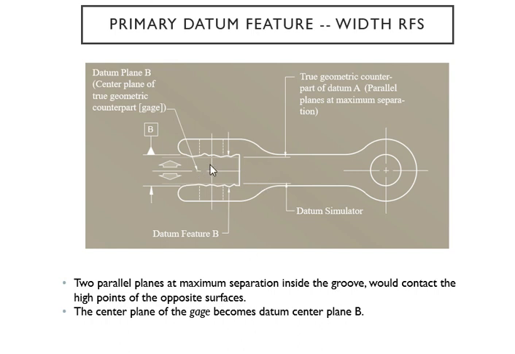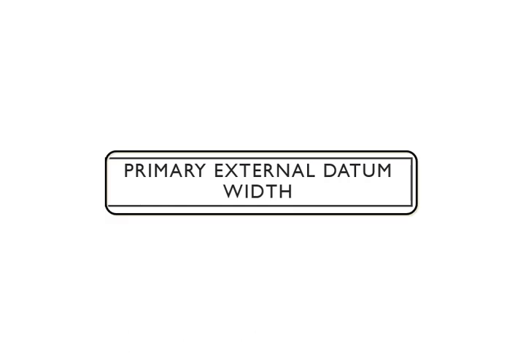Of course, for this part, there's a groove. So that's got to be the maximum separation from each other. Why does it have to be the maximum separation? Because we're looking at the high points of the opposite surfaces, the highest point. And the center plane is going to be your datum center plane B in this case. All right, then we'll get into primary external datum width.